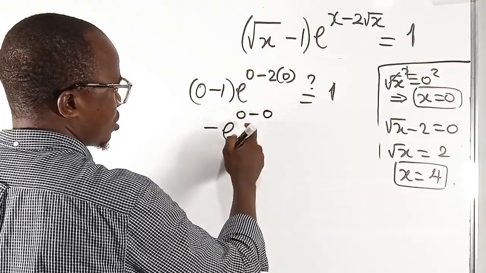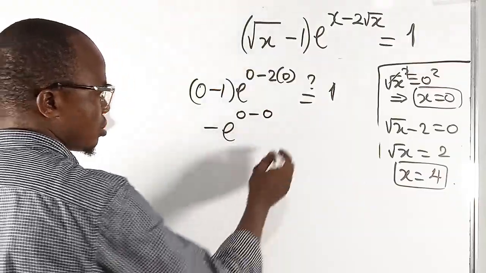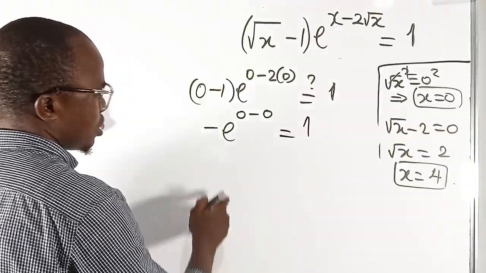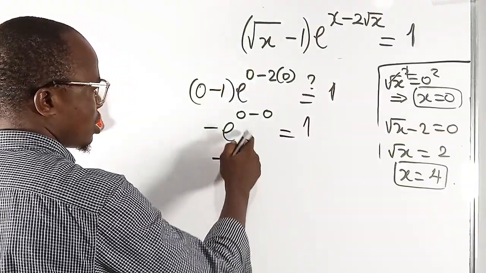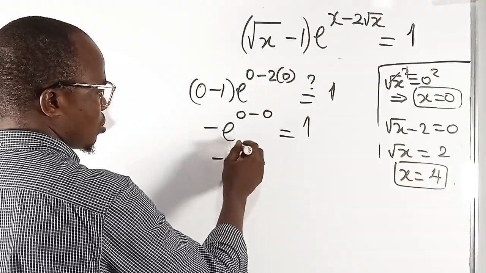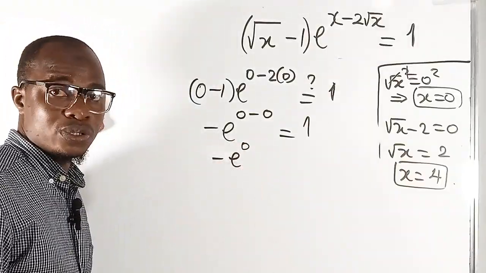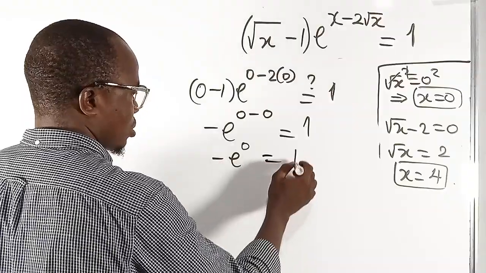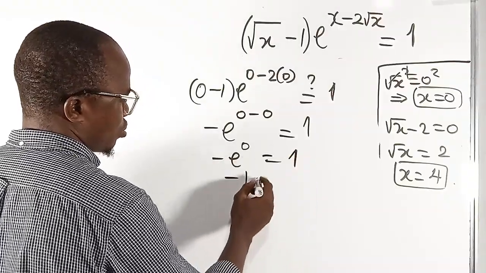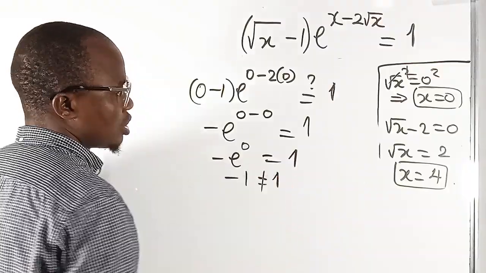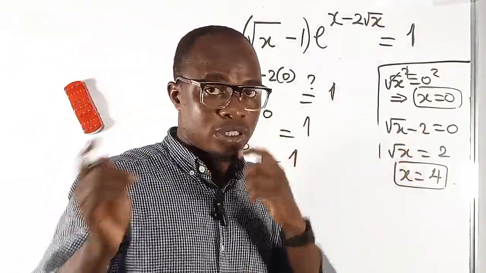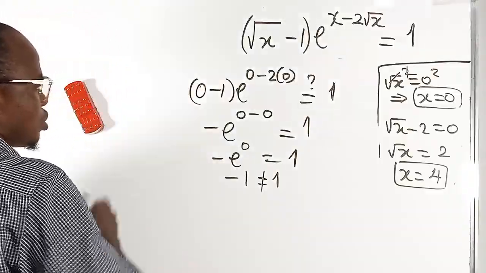Minus 0. So 0 minus 0, same thing as 0. So we're going to have minus e to the power of 0, which is minus 1. So we have minus 1 equals 1. So it shows that x equals 0 doesn't satisfy the equation.